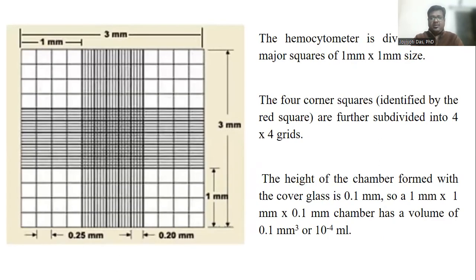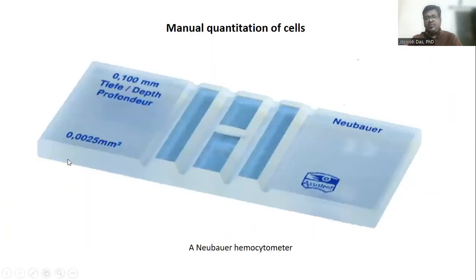So what do you need to do next? How do you need to use the device? You take your cell suspension using a pipette, say a 20 microliter pipette or a 200 microliter pipette.